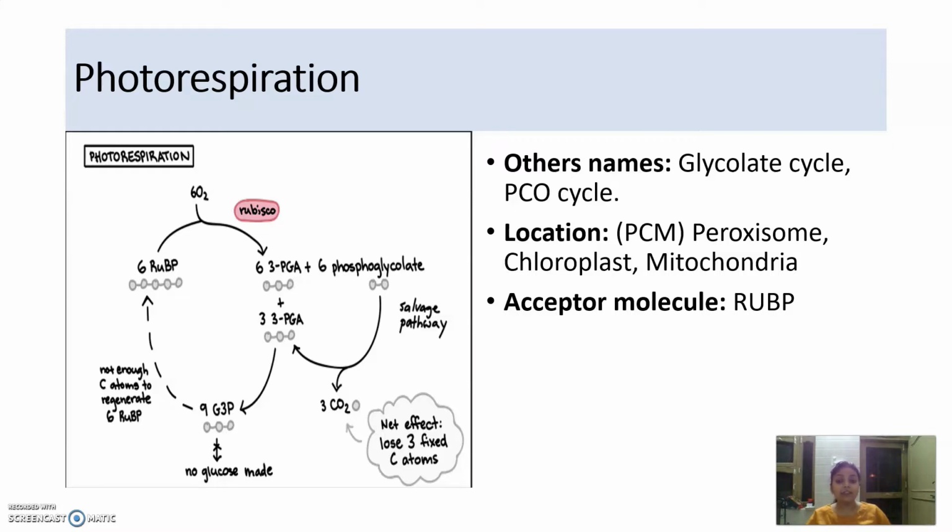In this reaction, the Rubisco enzyme acts as both a carboxylase and an oxygenase. When the oxygen concentration is high, it acts as an oxygenase. RuBP is a 5-carbon molecule. It results in the formation of two products, the 2-carbon phosphoglycolate and the 3-carbon phosphoglycerate.